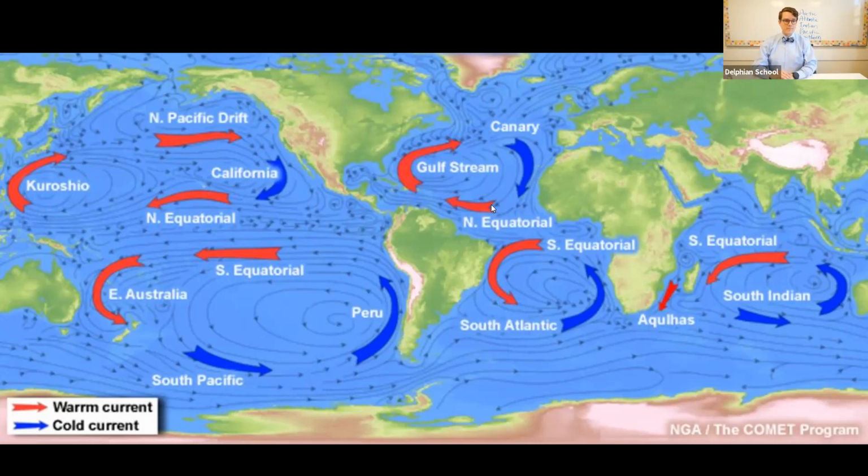So water that's in the ocean on the equator gets a lot of sun and it warms up. And then you can see there's these circular patterns in each of the oceans where the water goes in a big circle.